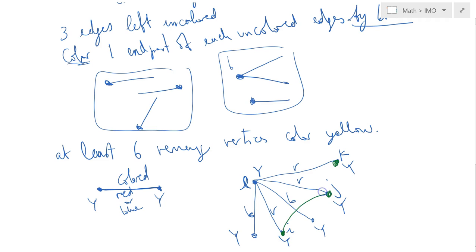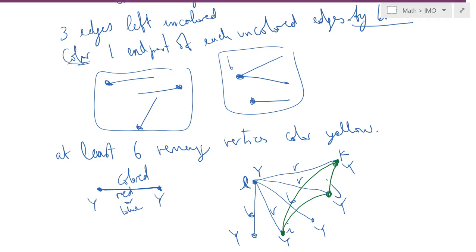Because all these vertices are yellow, these connections could be colored with any color, right? Now I need to be really careful, because I already have 2 reds here. So I can definitely not color this one red as well. I have to color this one blue.